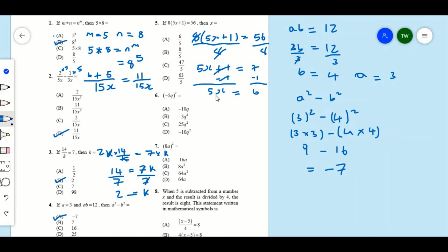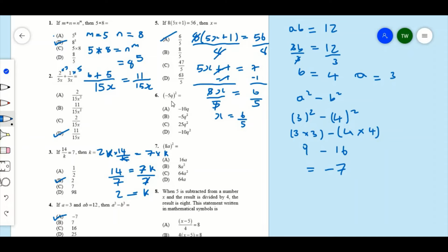Now, in order to determine the value of x, we need to get rid of the 5. 5 is multiplying the x, that means we need to divide both sides by 5. So 5 will cancel out 5. Therefore, x is going to equal 6 over 5. So our answer for this question, number 5, is going to be A.